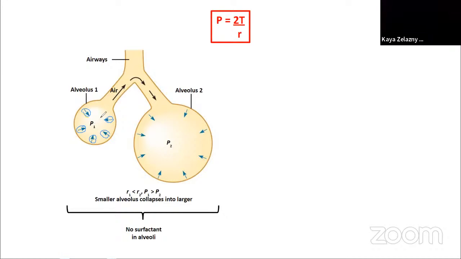So without surfactant, this would basically force the air in those small alveoli out and into the larger ones, where we'd basically have lower pressure, right? So they would move from one part of the lung to the other part of the lung. Fortunately, this is not what happens, and the reason for that is surfactant.